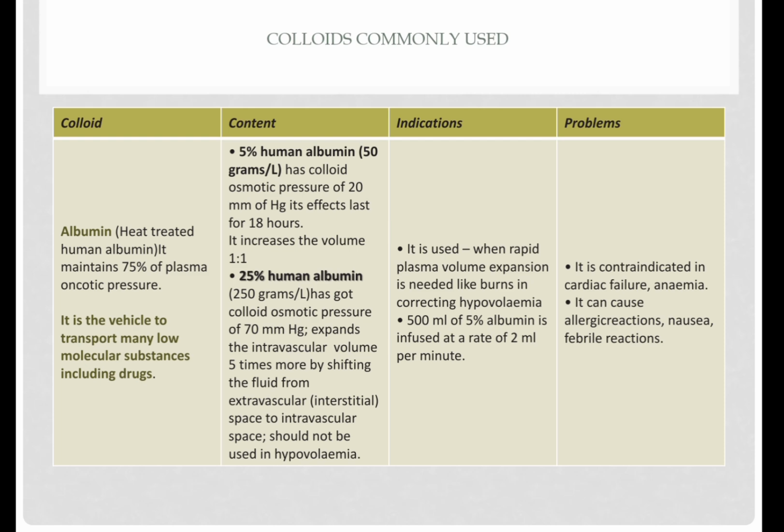So what are the indications to use albumin? It is used when rapid plasma volume expansion is needed, like in burns, and in correcting hypovolemia. 500 ml of 5% albumin is infused at the rate of 2 ml per minute, which means 32 drops per minute.